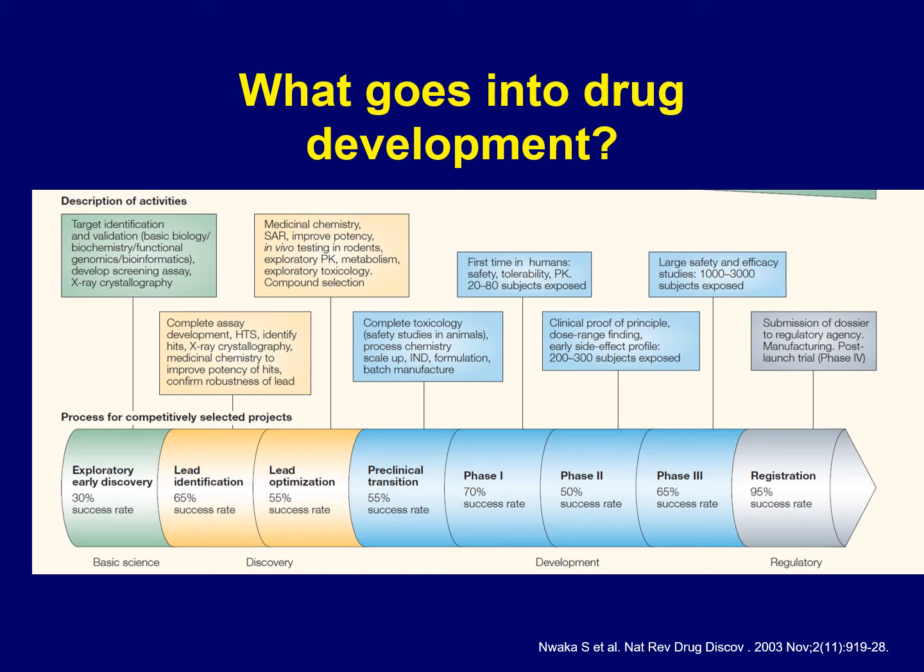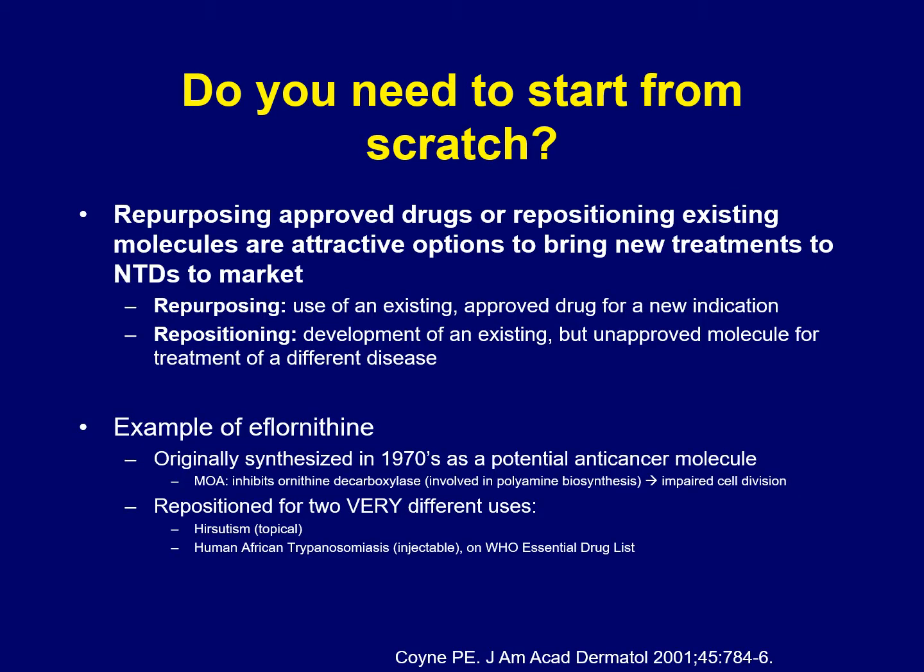post marketing surveillance. As I've mentioned, a lot goes into this process, and a key question is if you need to start from scratch. For the neglected tropical diseases, this is a huge amount of research and a huge amount of money, and you need to find that money to invest.